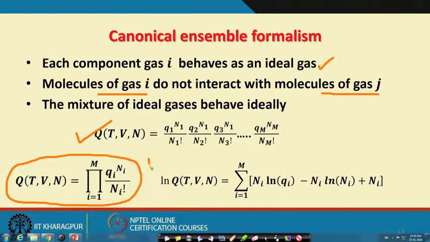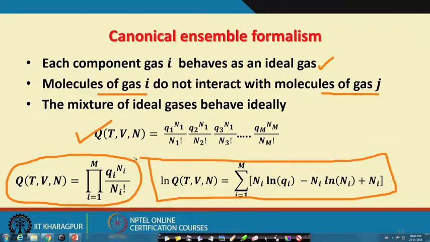So, each of these numbers Ni is very, very large, and therefore, while calculating the logarithm of capital Q, I can use the Stirling approximation. With that, I arrive at this kind of an expression for ln Q. So, what is the consequence?